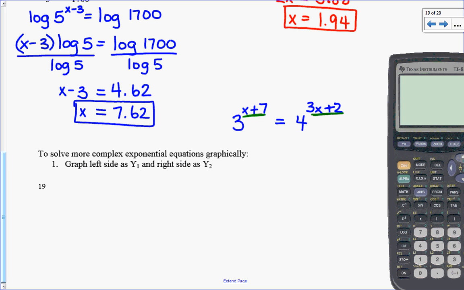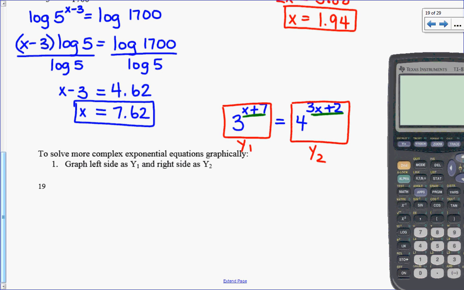They're a little more complex to solve, but we can solve them graphically using our graphing calculator, and it's really quite easy. The first step is you graph the left side, so this whole thing you would put into y1 on your calculator, and the right side you would put into y2, and it will graph both of those graphs.